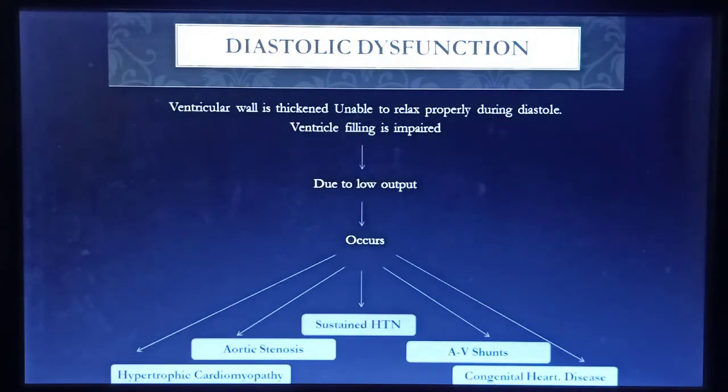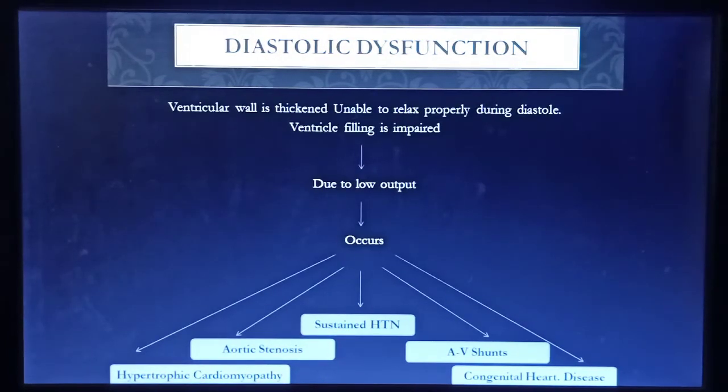Arteriovenous malformation means an abnormal connection between the arteries and veins in the heart. Aortic stenosis means the blood vessels become narrow in the heart, which reduces the blood flow, so the cardiac output is reduced. So these are the two main dysfunctions in which heart failure may occur: systolic and diastolic dysfunction.